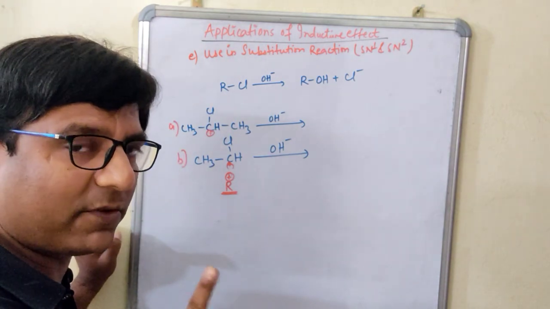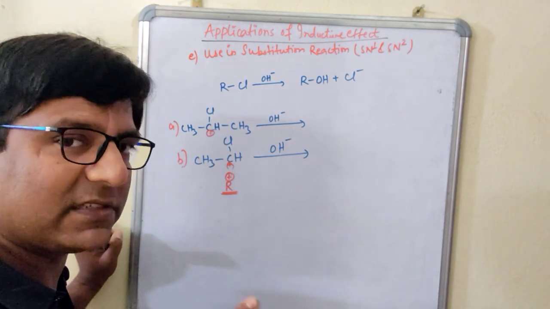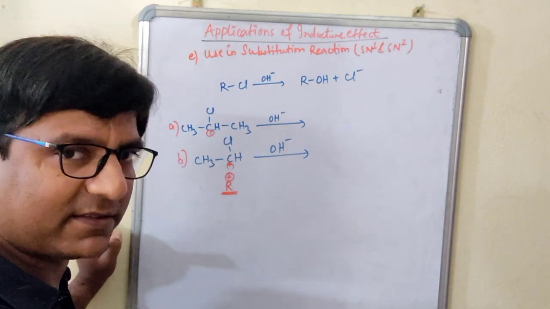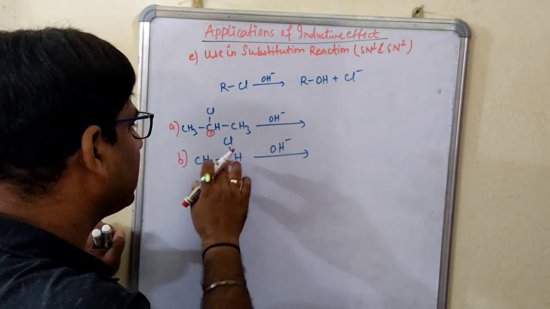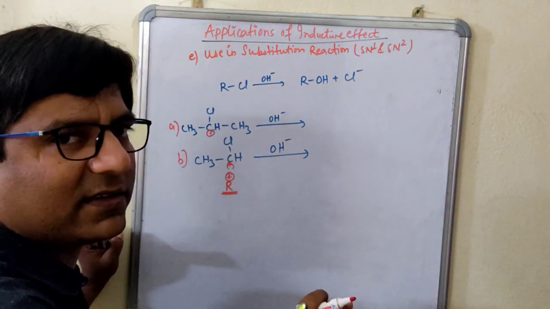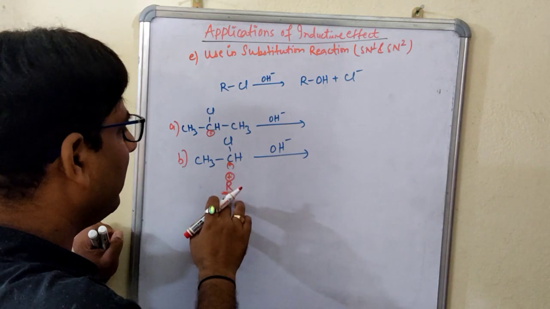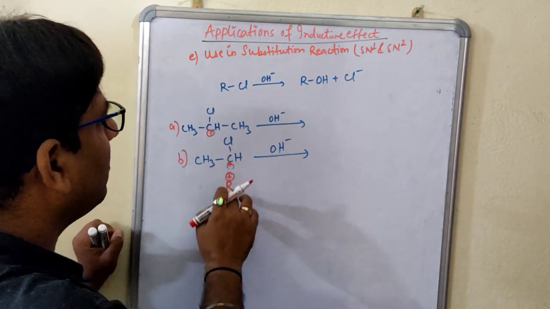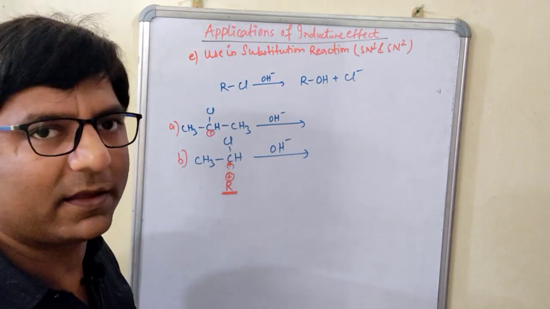We have seen the first application, that is the stability of the carbocation. There we have stabilized the carbon carrying the positive charge, that is the carbocation. In the same way, we are going to stabilize the positive charge of this carbon. How quickly we are stabilizing this positive charge will depend upon what? That depends on this Cl minus being removed from here.